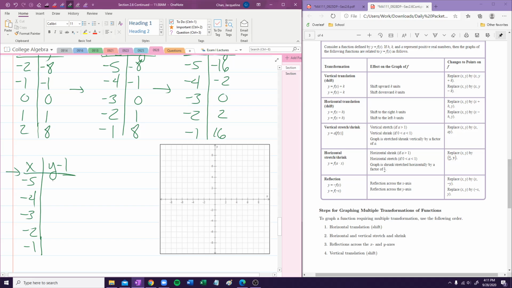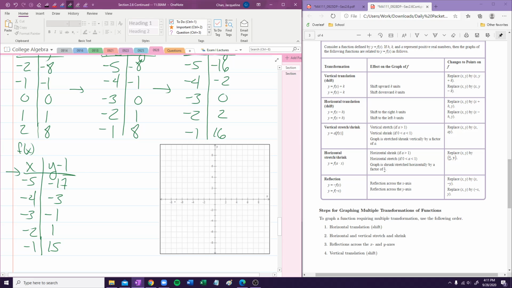Right, and then now all my y, so it's y minus 1. So this would be -17, -3, -1, 1, and 15. Okay, and this is my f of x. Okay, these are my points.